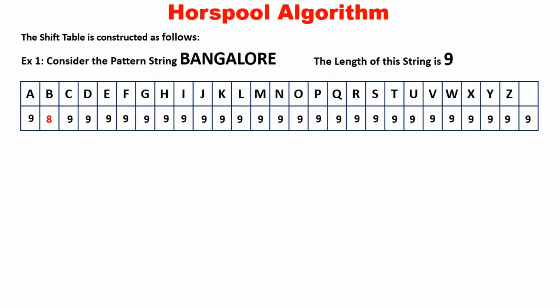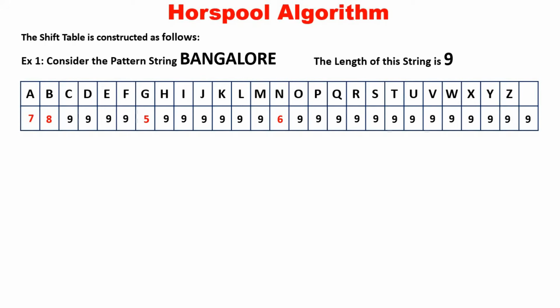Next, second character A. In front of A how many characters are there? 1, 2, 3, 4, 5, 6, 7. So A is updated to 7. Next, third character N. In front of N how many characters are there? 1, 2, 3, 4, 5, 6. So N is updated to 6. Next, G. In front of G how many characters are there? 1, 2, 3, 4, 5. Therefore G is updated to 5.